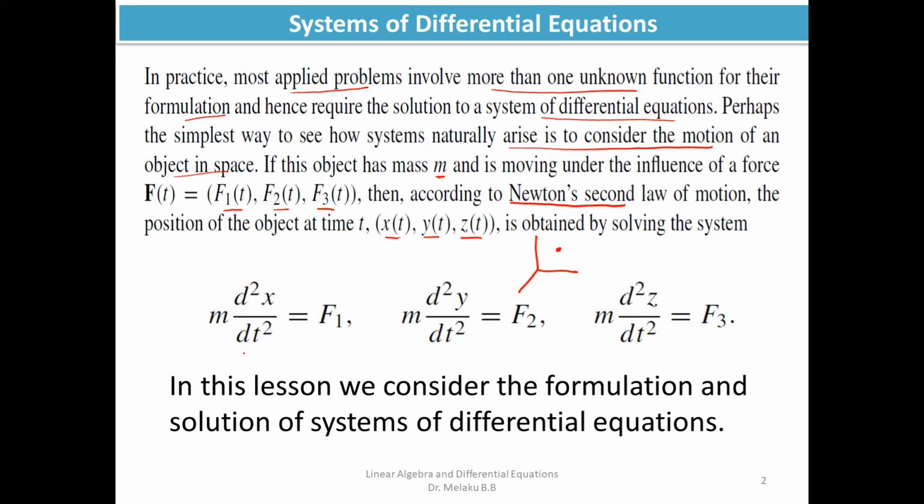You see, this is a differential equation which is second order. Here also we have a second order equation, and this one is also a second order differential equation. The difference is, of course, that this one is acceleration, because it is a second derivative of the position of the object, and this one is also acceleration, and this is also acceleration.